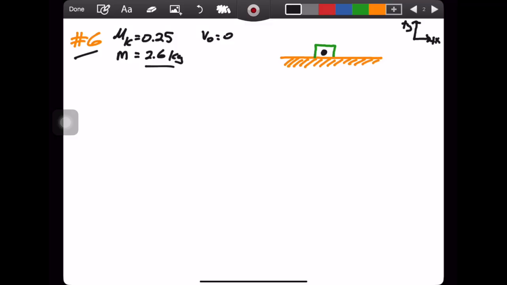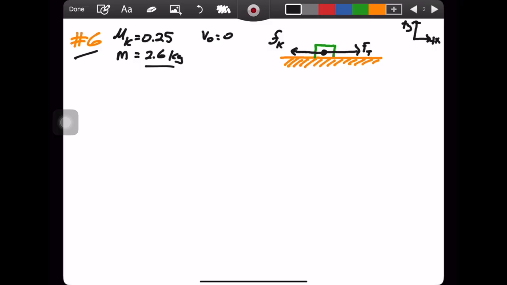And so if we have a rope attached, that means that there is some force due to the tension of the rope that is attached to the block. If the block is being accelerated to the right by the tension in the rope that's attached to it, that means that there must be some force from the kinetic friction.